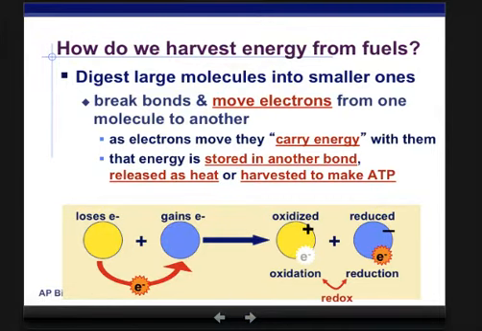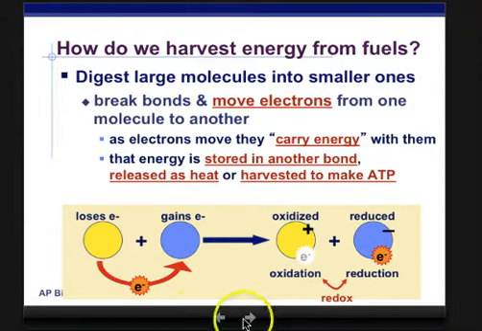The reduced form of a molecule over here has a higher level of energy than an oxidized form of the molecule. The ability to store energy in molecules by transferring electrons to them is called reducing power and is a basic property of living systems.